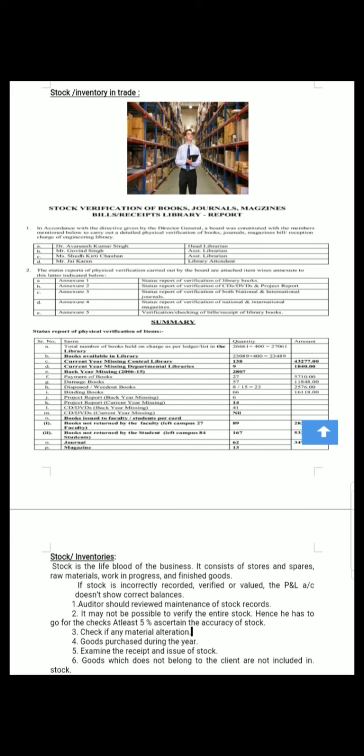And third, check if any material alteration is available. The auditor should also check whether there is any material alteration, meaning a change in the material parts of a particular business, trade or instrument.